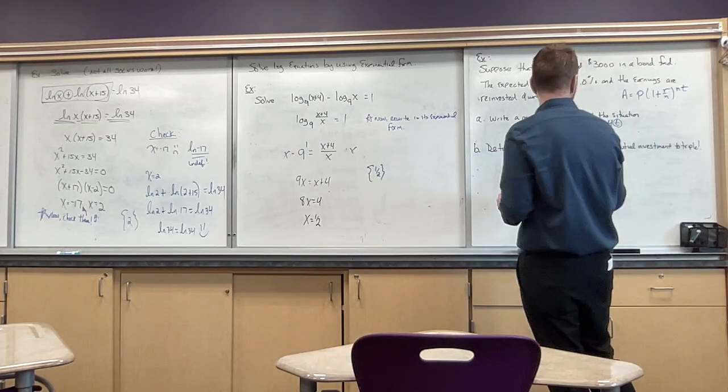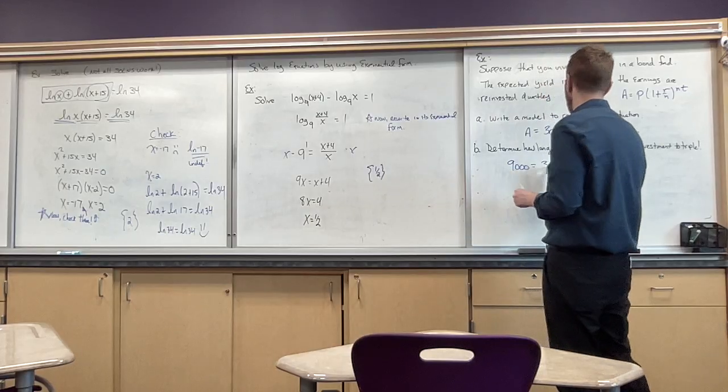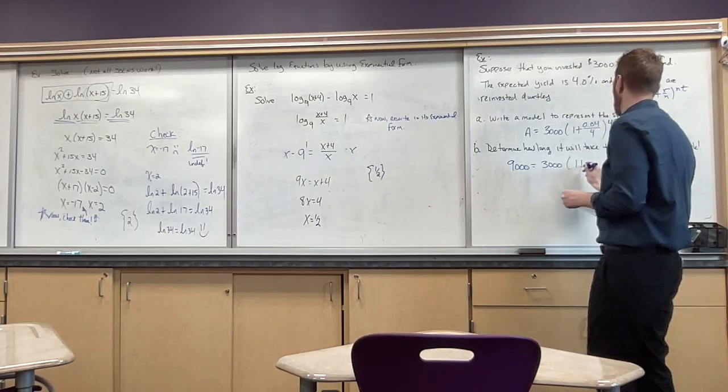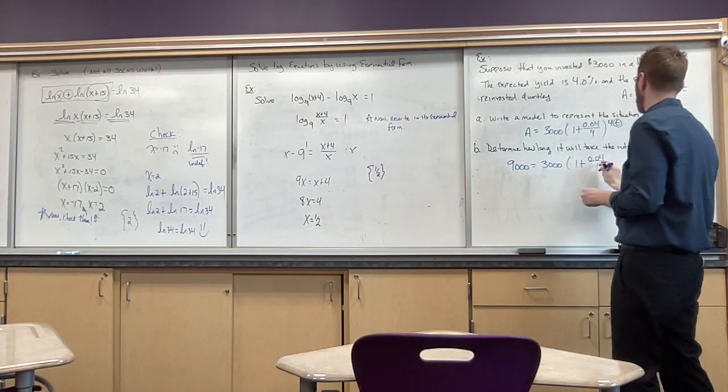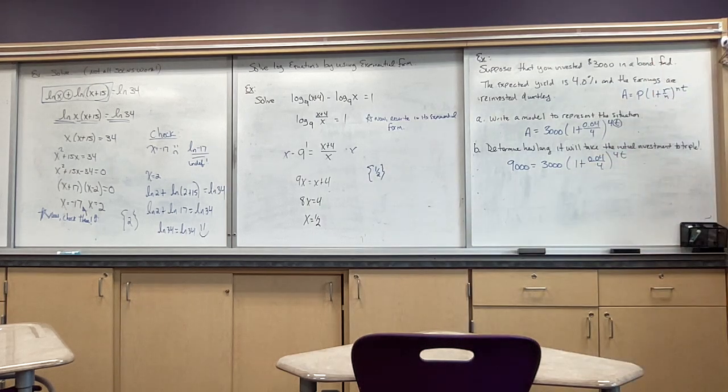So let's put 9,000 as your account balance, equals 3,000 times 1 plus 0.04 over 4, raised to the 4t. And again, our goal is to solve for t. So far, so good with that?